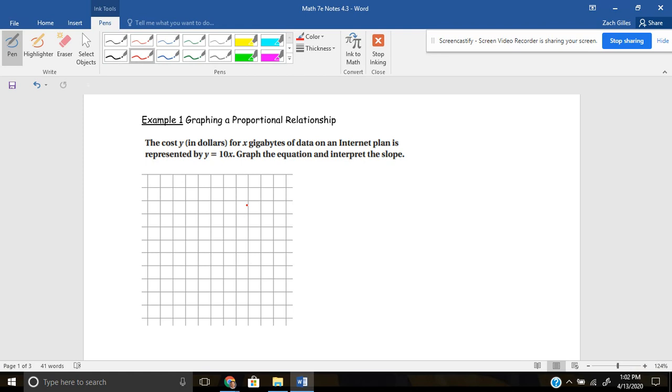All right, first off, let's make our x and y axis. So y is my vertical and x is my horizontal. Okay, I'll label those.